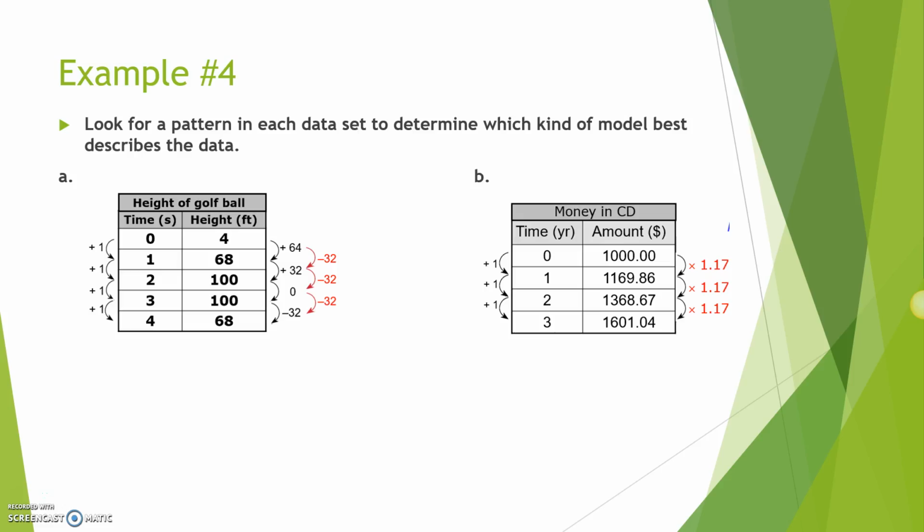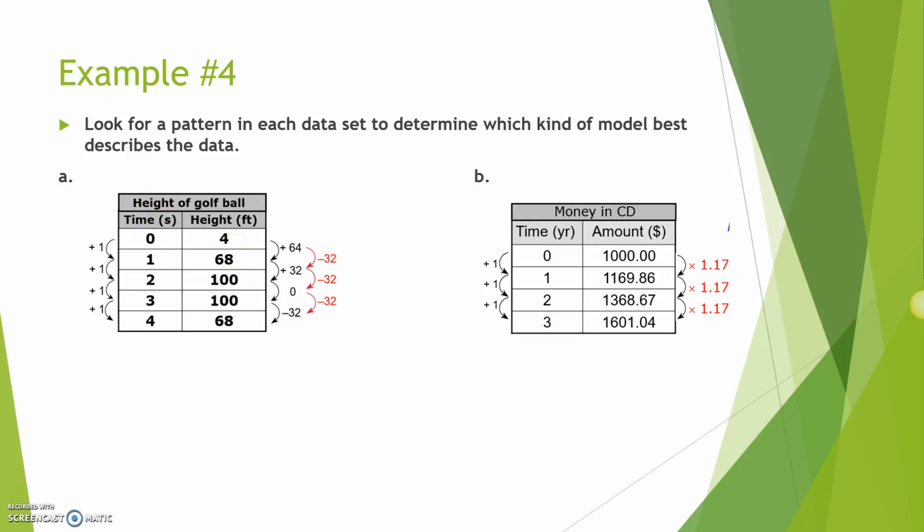Another type of example you might see is they might give you a table or chart, and they want you to recognize the pattern taking place to help determine which kind of model best describes the data. So in example A, it says the height of a golf ball, with the number of seconds and the height that it's going to reach.